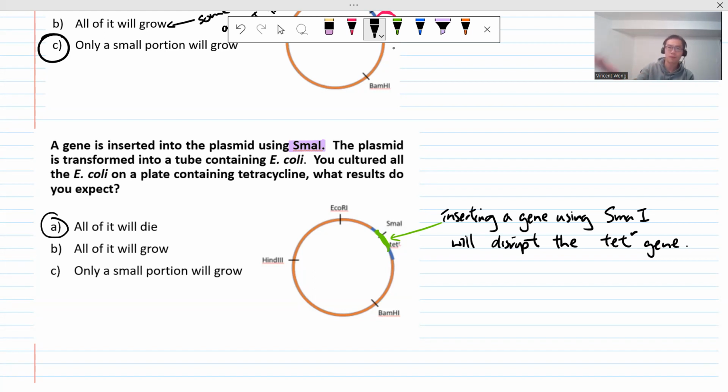Okay, it's not functional. So even if the bacteria accepted the plasmid, they are not going to have the tetracycline resistance because the gene has been destroyed. The tetracycline-resistant gene has been destroyed because we inserted something in the middle of it, right? So in this case, no matter whether they accept or not accept, they will all get wiped out by the tetracycline.